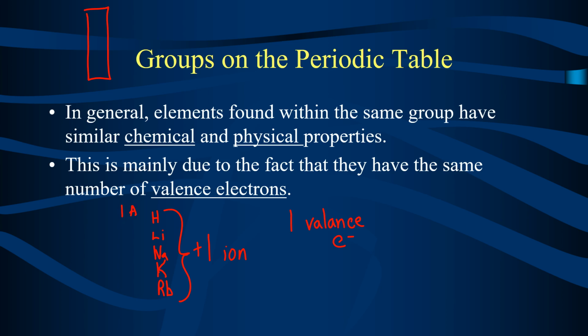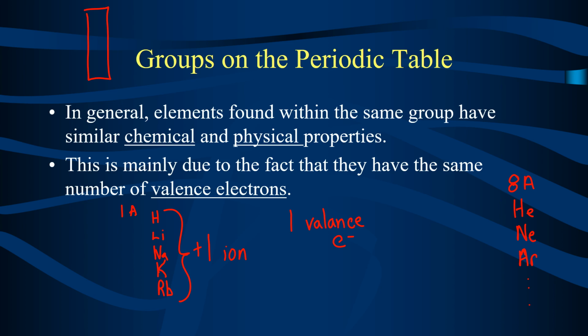All right. On the opposite side, we have group 8A, and that's things like helium, neon, argon, and so on. All right, our noble gases.